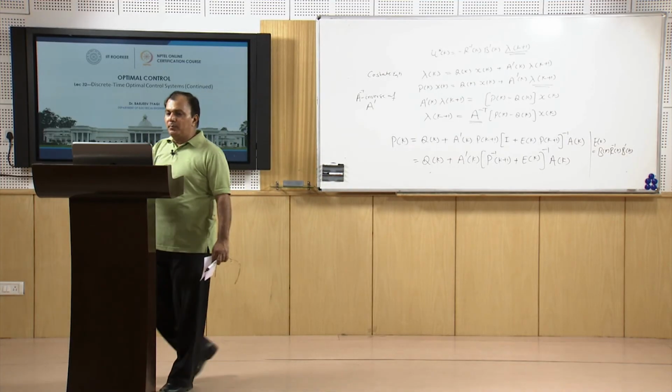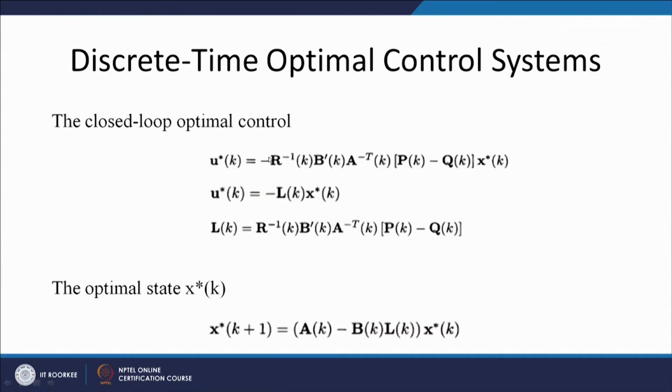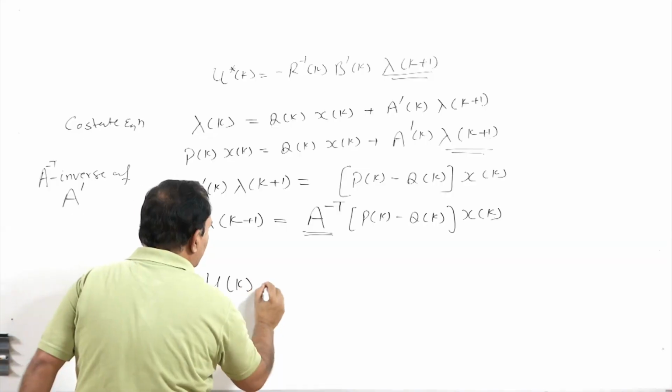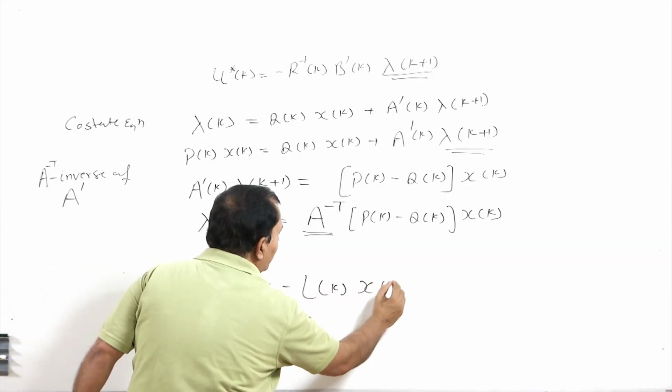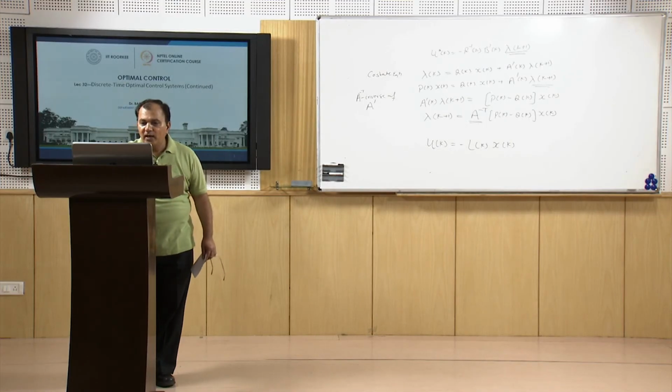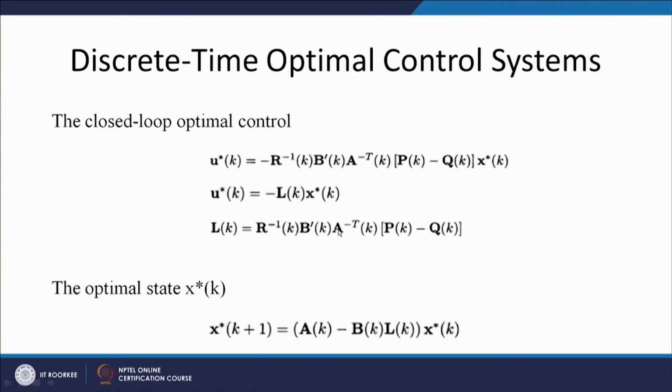So, I can have the state feedback as X of k, and R inverse B prime A minus transpose (Pk minus Qk) I can define as my L. So, if this is defined by Lk, I can simply define Uk in terms of my Lk Xk, where Lk will be my controller gain, given as R inverse B transpose inverse of A transpose (Pk minus Qk).